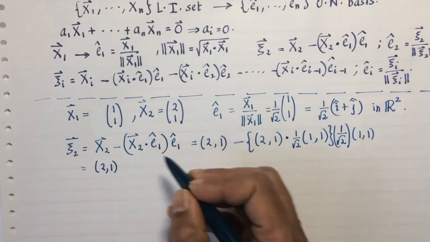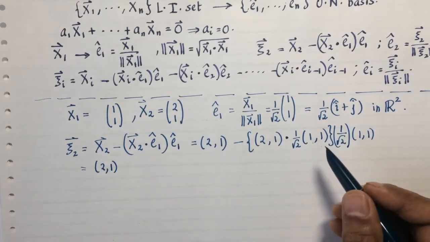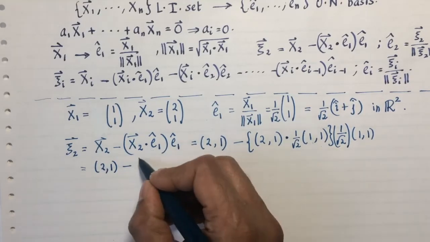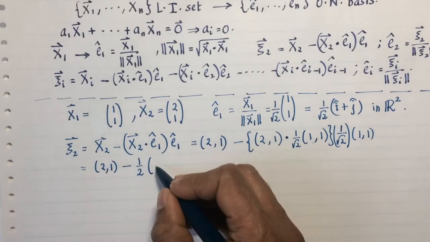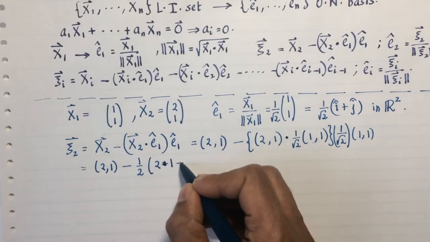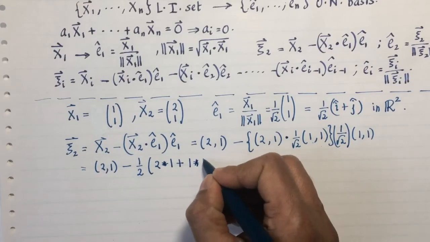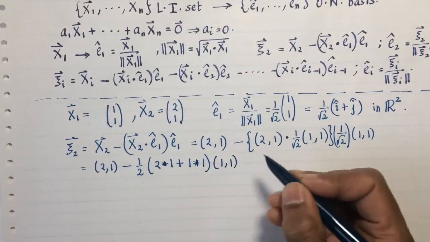That's (2, 1). If I take the dot product, I'll be multiplying the x components and the y components and adding them. So the 1 over root 2 and the 1 over root 2 become 1 half times 2 times 1 plus 1 times 1, all in the direction of (1, 1).